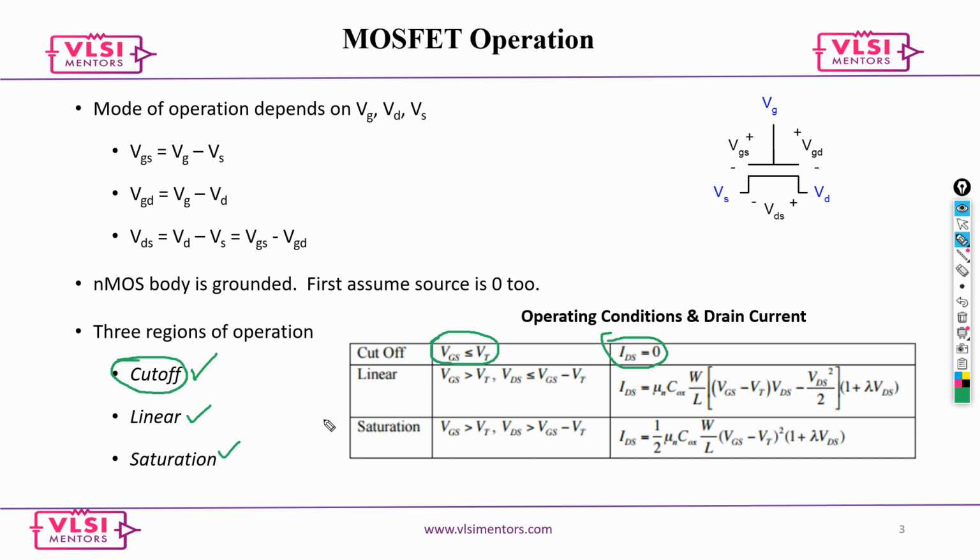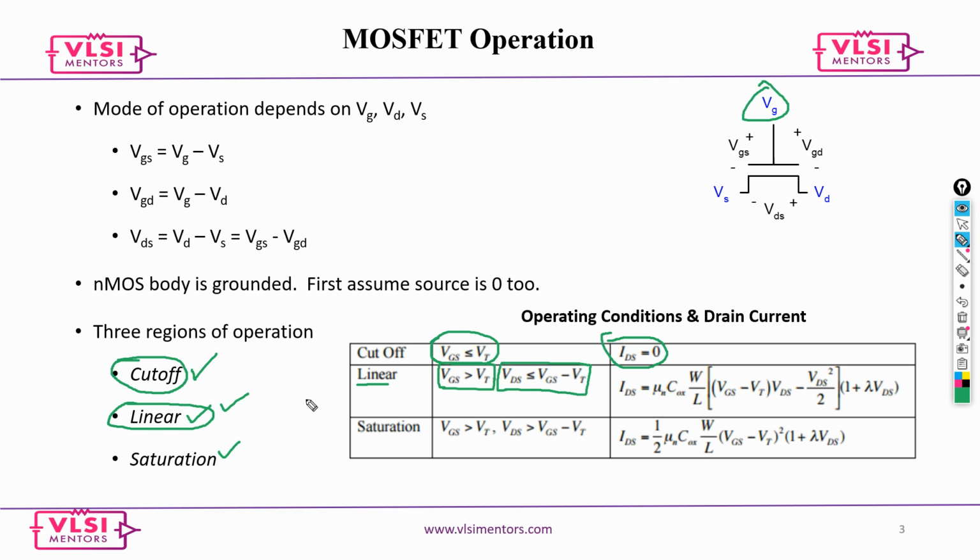Now coming to linear. When you want to turn on the transistor, the gate voltage will be slowly increasing, and when VGS is greater than VT, your transistor is said to be in on condition. But remember there is another condition. When this is satisfied, the transistor is said to be in linear.